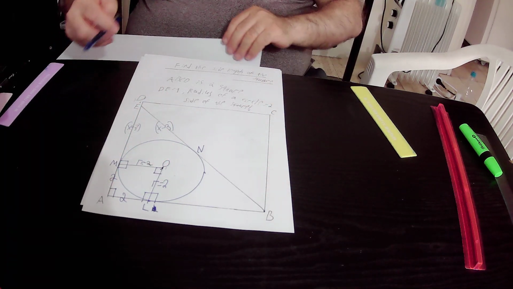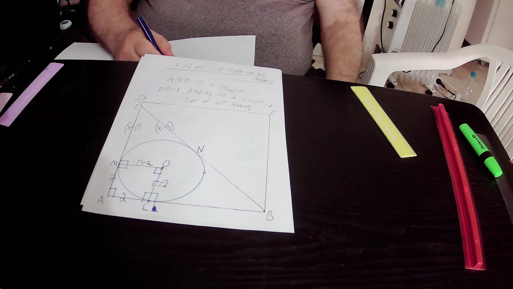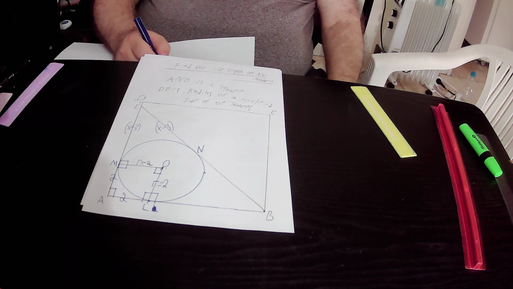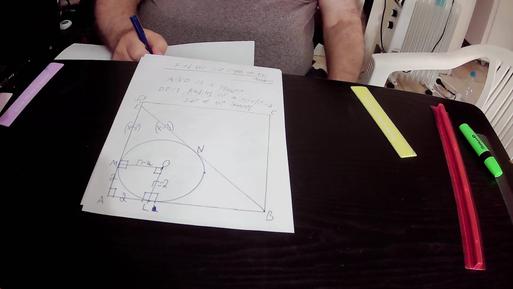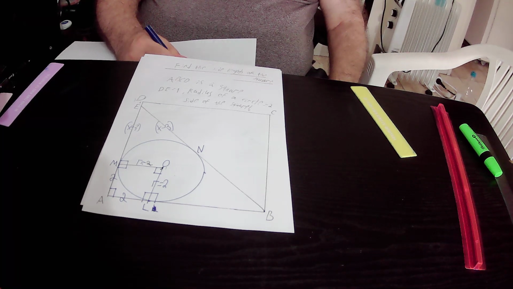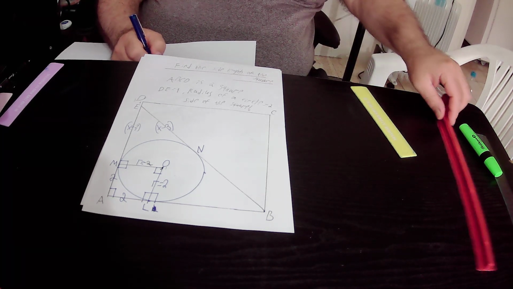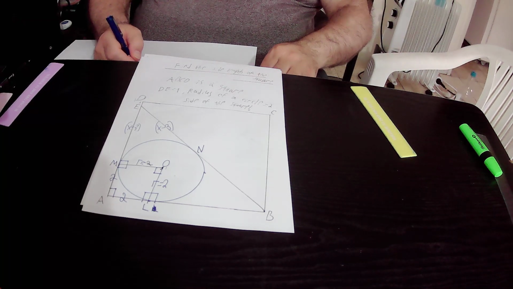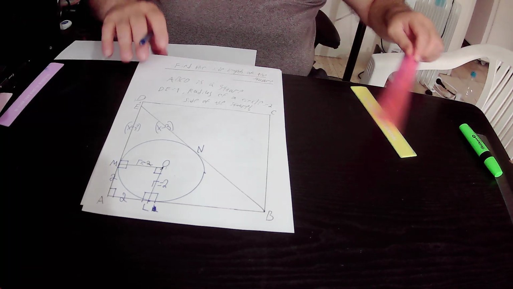So BL equals AB, that is x according to our definition, minus AL, that is 2. So in conclusion, BL equals x minus 2. We can write down in the drawing that BL equals x minus 2.